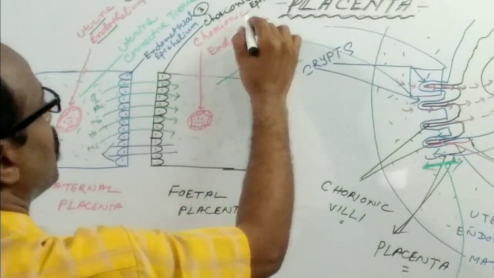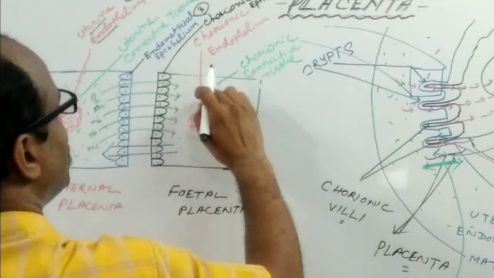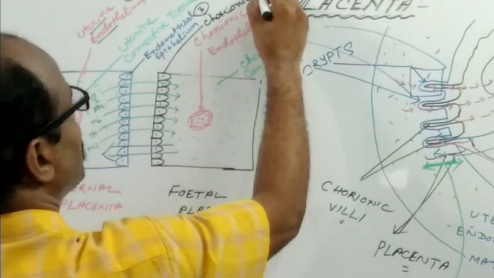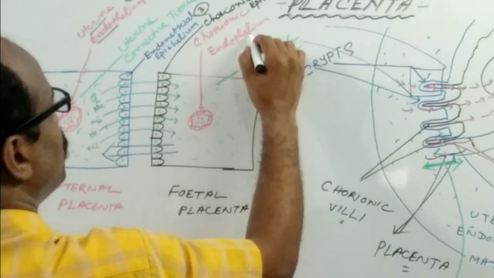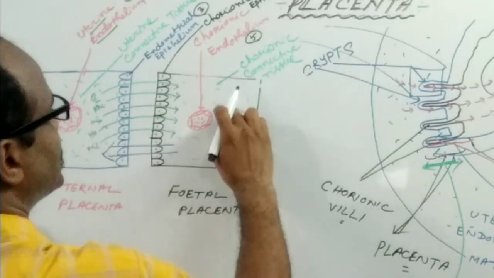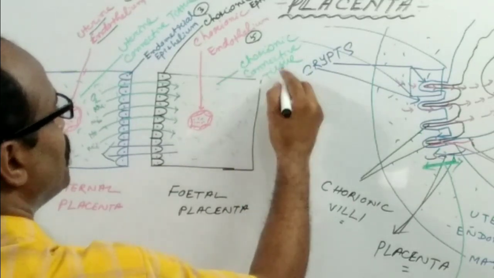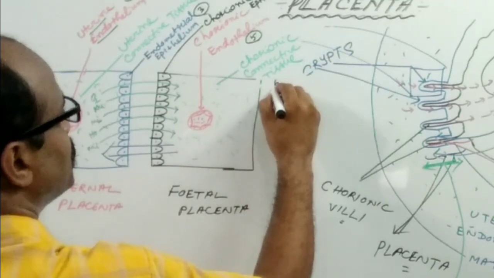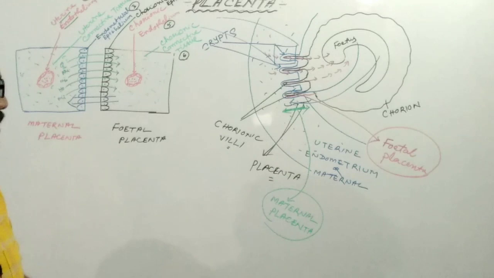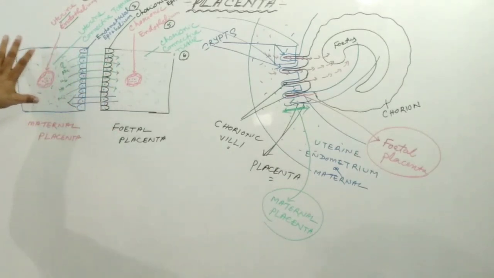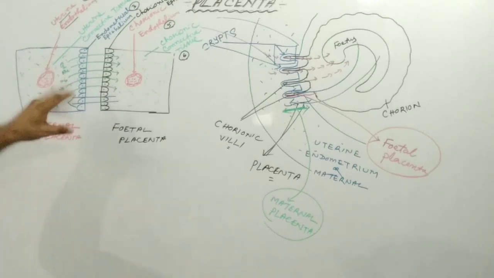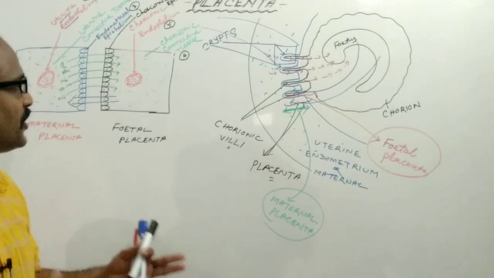The fourth barrier is the chorionic epithelium. The fifth barrier is the chorionic endothelium, and the sixth barrier is the chorionic connective tissue. This is the structure, the histology of the placenta, and we need this structure at the time of classification of placenta on the basis of histological types.